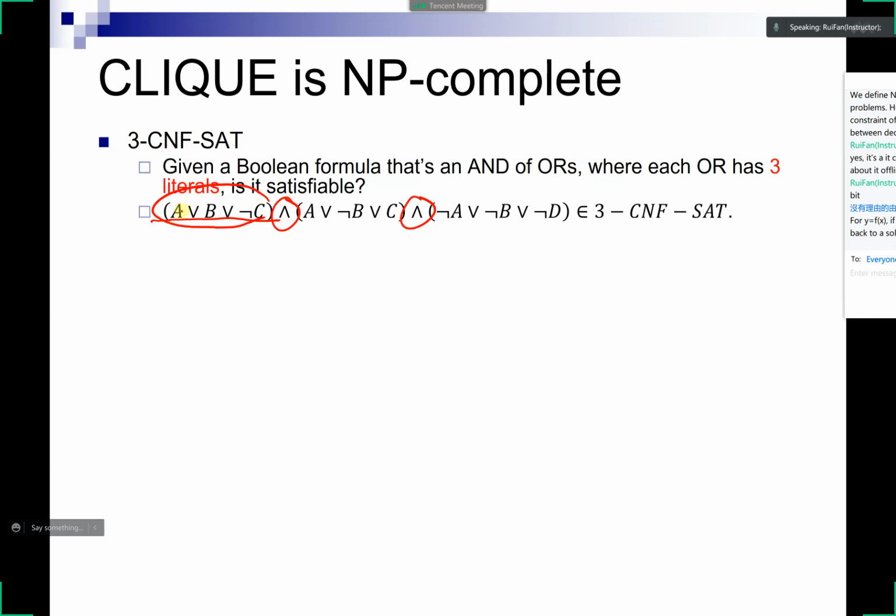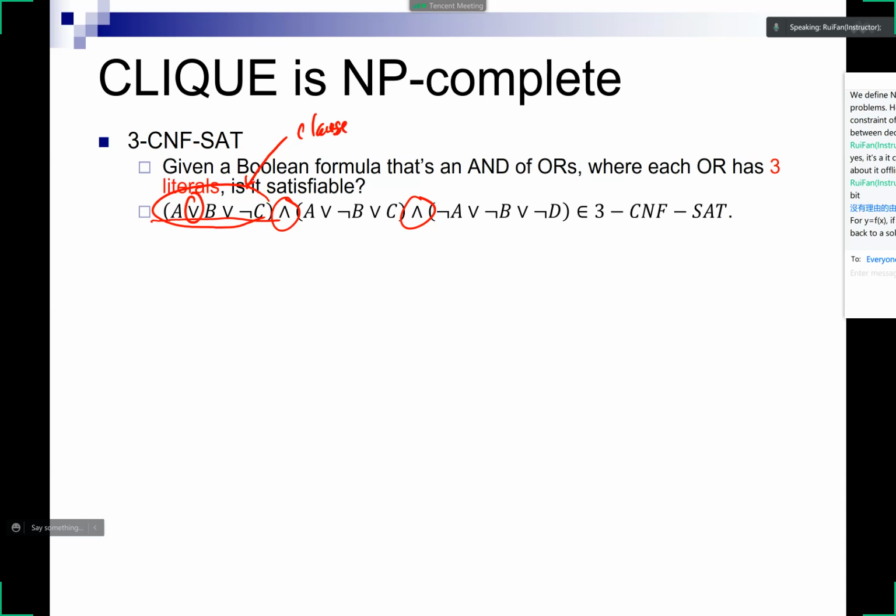The literals can either be positive literals, like this A is a positive literal, or negative literals, like this not C. Each of these things is called a clause, and each clause has to have 3 literals in it. The literals are always ORed with each other.